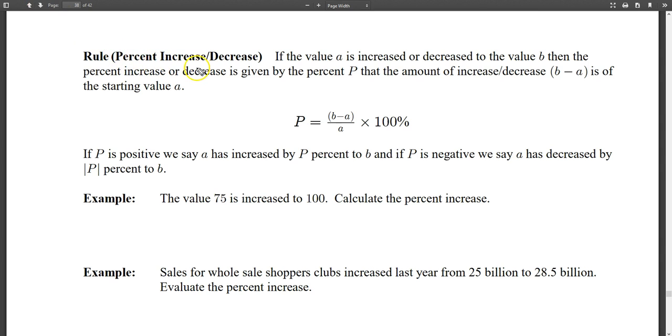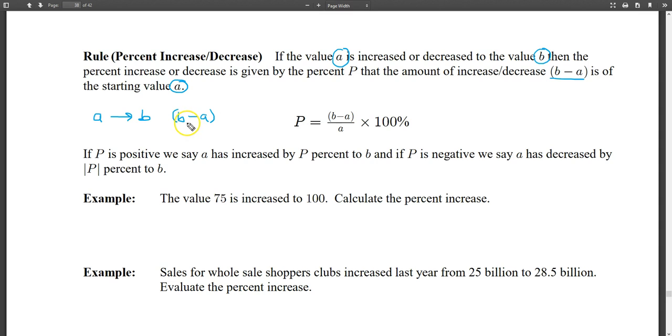Now let's look at percent increase and decrease. So if a value A, so we have a starting value A, maybe that's revenue or income of a company, is increased or decreased to the value B, then the percent increase or decrease is given by the percent P that the amount of the increase or decrease is of the starting value A. So in other words, you start with a value A, you go to the value B. The difference is going to be B minus A. That's the amount of your increase or decrease.